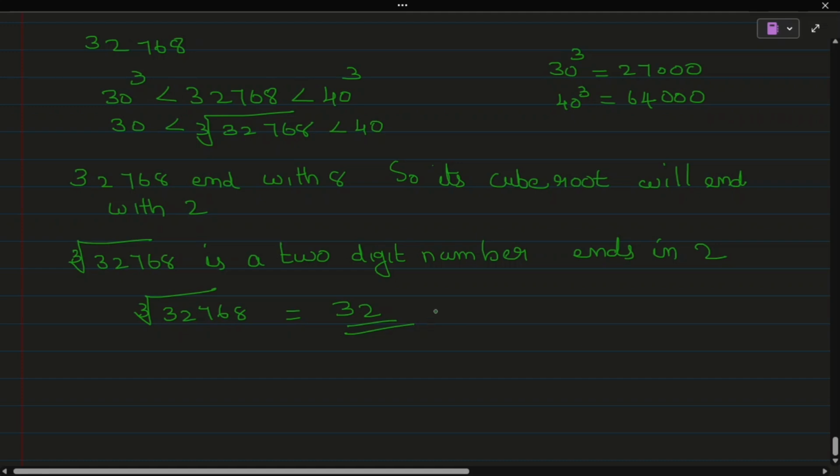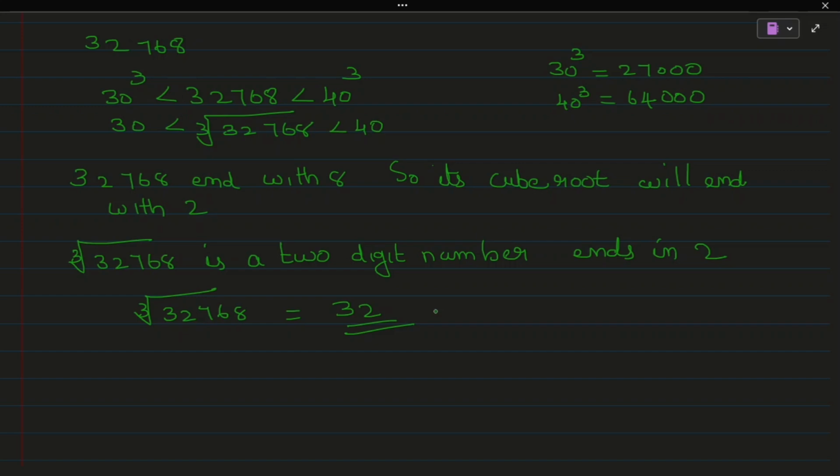I hope all of you understood. One request I am making is that you first learn those properties. If 8 is coming in the number, 2 will come in the cube root. You have to learn those properties, then only you can understand the question.